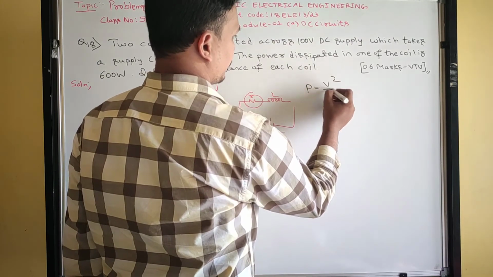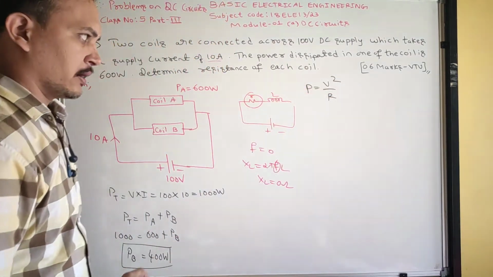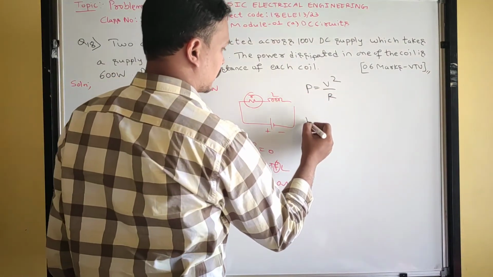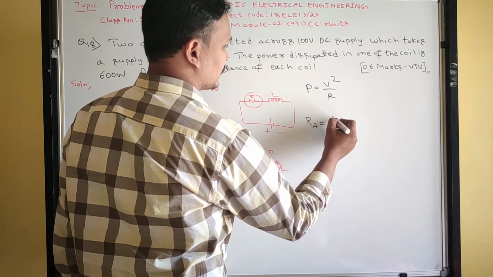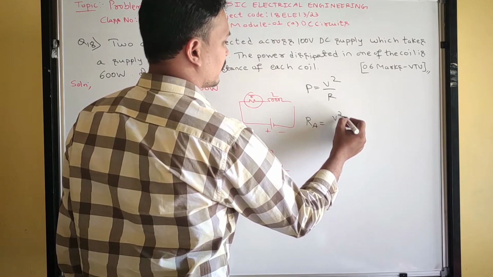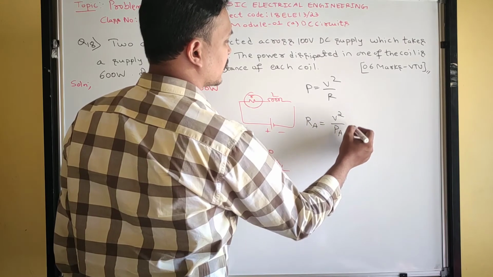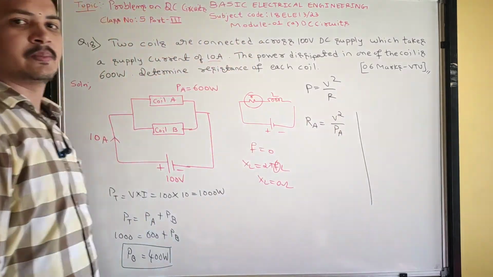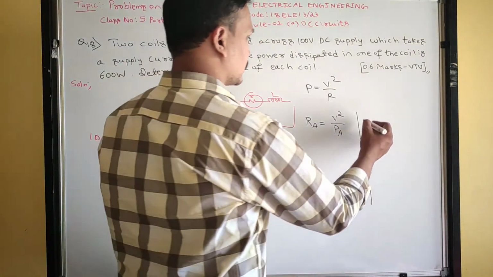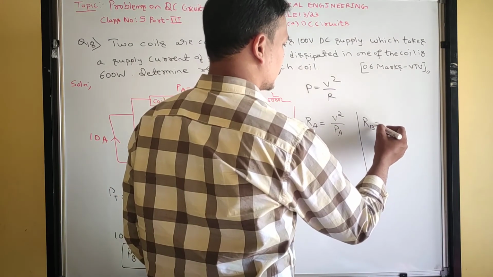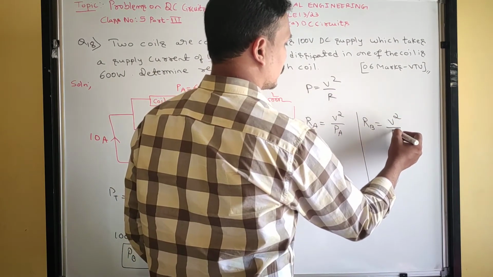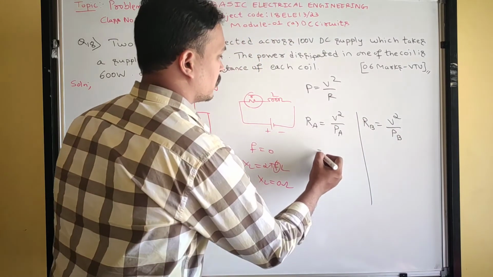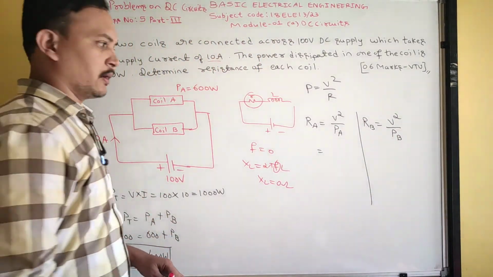What is the power formula? V square by R. So now using this, you can calculate resistance of coil A is V square divided by power dissipated in coil A. Resistance of second coil B is V square divided by power dissipated in coil B. What is V value? 100 square.